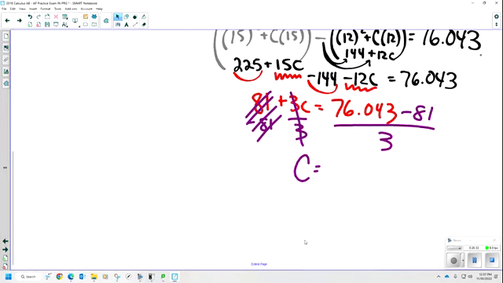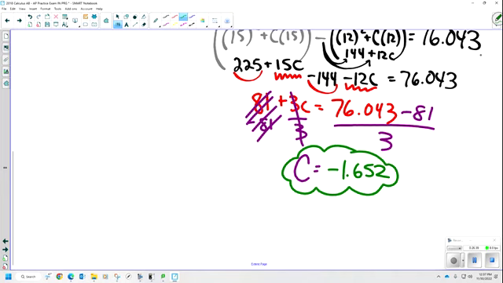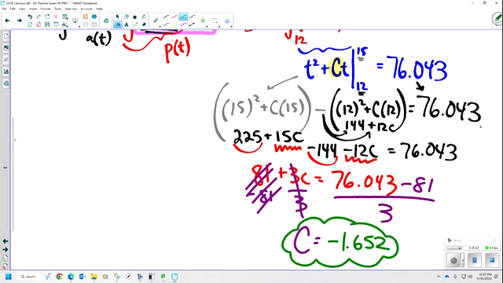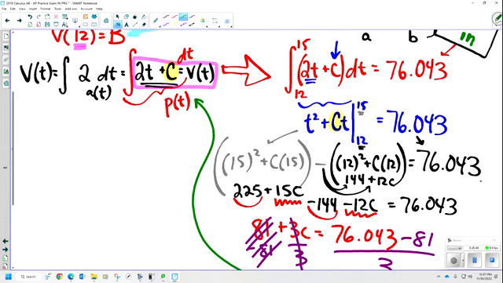Negative 1.652. Wow. We are still not done. I told you this was a complicated problem. That c value, negative 1.652, is the c value in velocity.